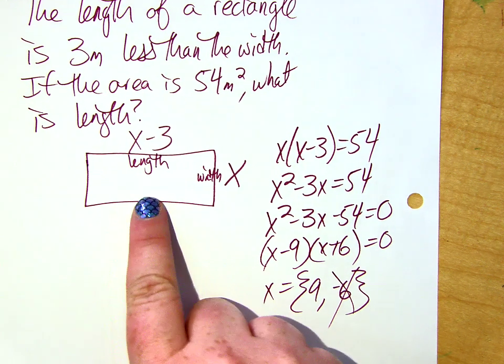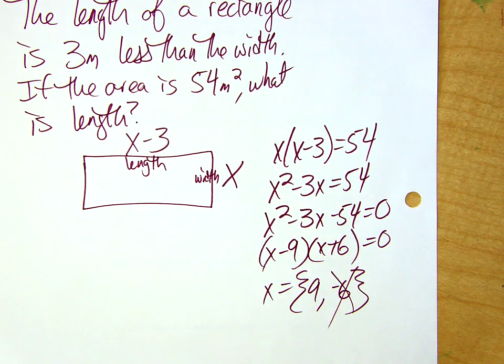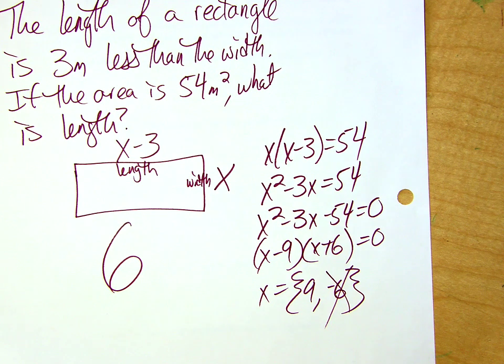Unless you actually wrote it down like I did. So then you say, oh, length is actually x minus 3. So it's 9 minus 3. The actual answer is 6. Not 9, 6. So the width is 9, the length is 6. Right. 6 times 9 is 54. Full circle.